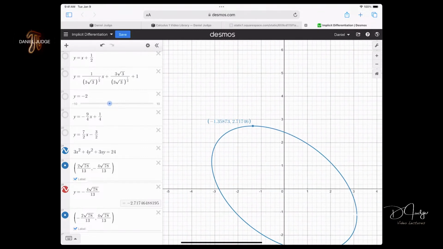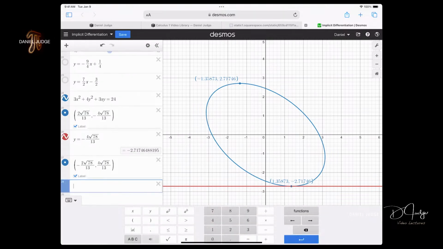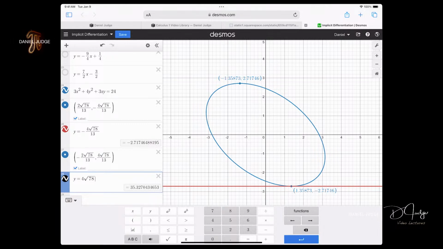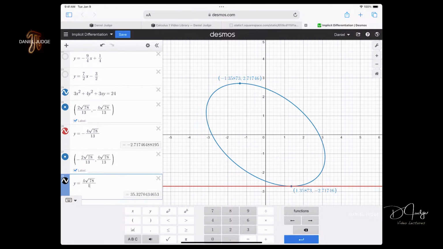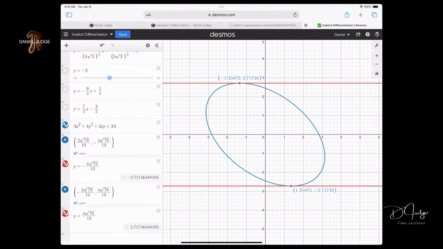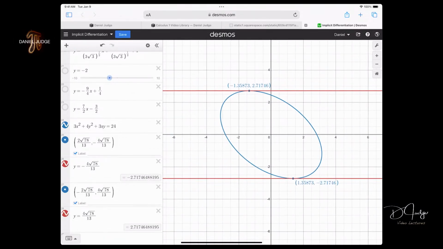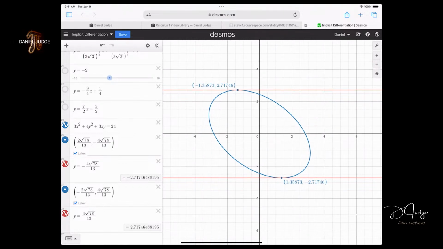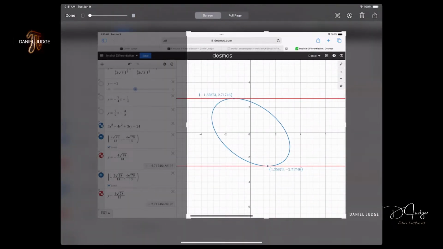We write the equation of that line: y equals positive 4 square root 78 divided by 13. Let's change that color to red as well. So that's the idea. You can actually see that definitely these are the answers and we're on the right track.